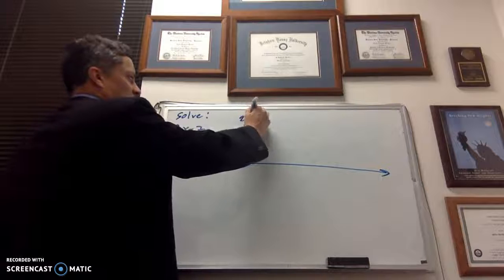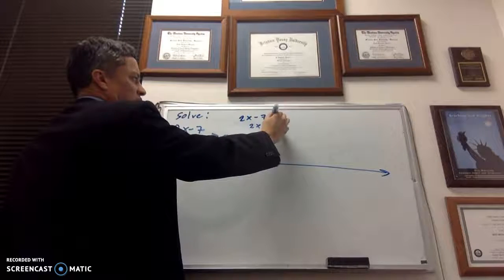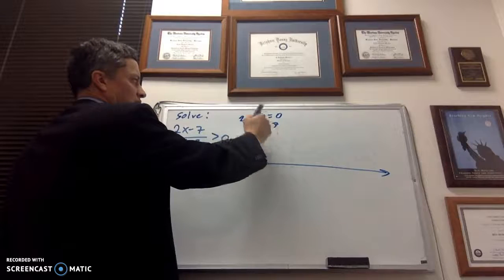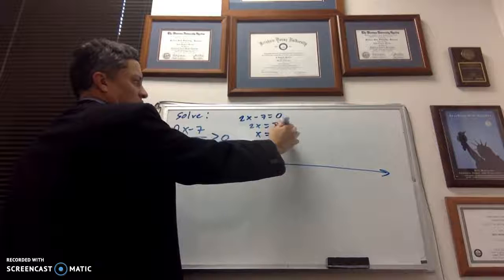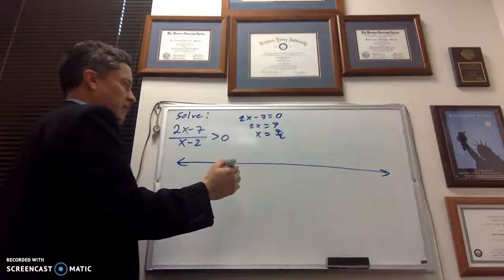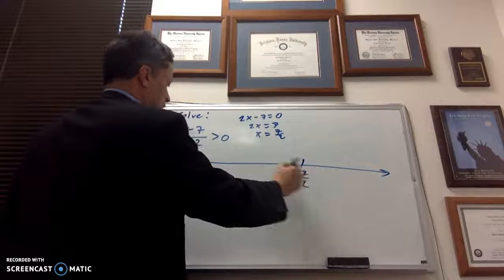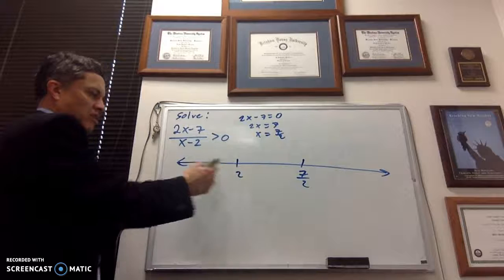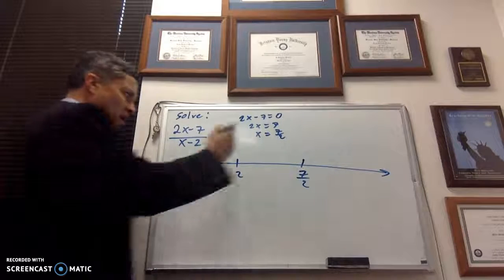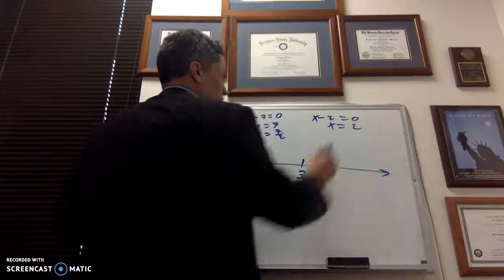Let me look at this 2x minus 7. I'll set that equal to 0. It's a little harder because it's going to be a fraction. I'll add 7 to both sides, so 2x equals 7. So x will be 7/2. That's what, 3.5? So that'll be right here, 7/2. And then x minus 2, solve that for x, you'll get 2. I'll show the work here, because you really want to see it.